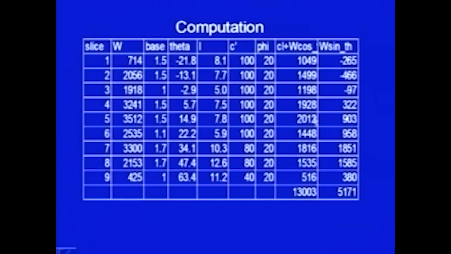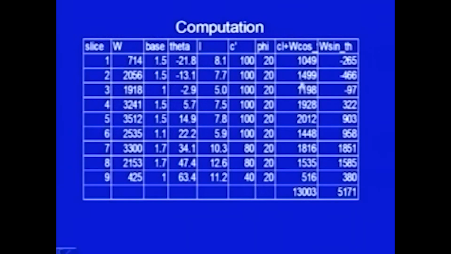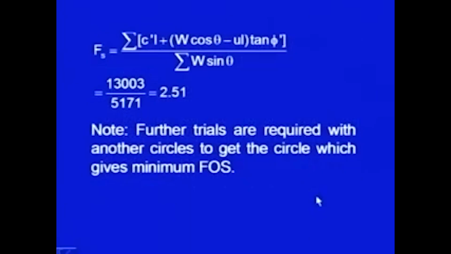So, you can calculate all these values. Finally, what we need is the summation of these terms, summation of C dash L plus W cos theta minus U into tan phi dash. These are the values in this column, and these are W sin theta values for individual slices. Their sums are 13,003 and 5,171.